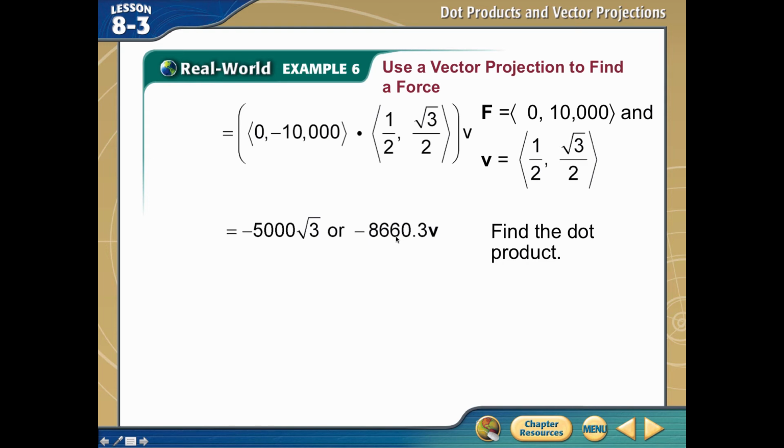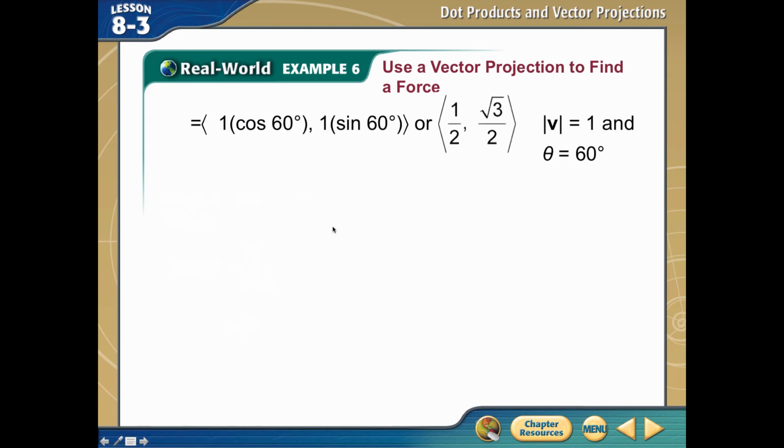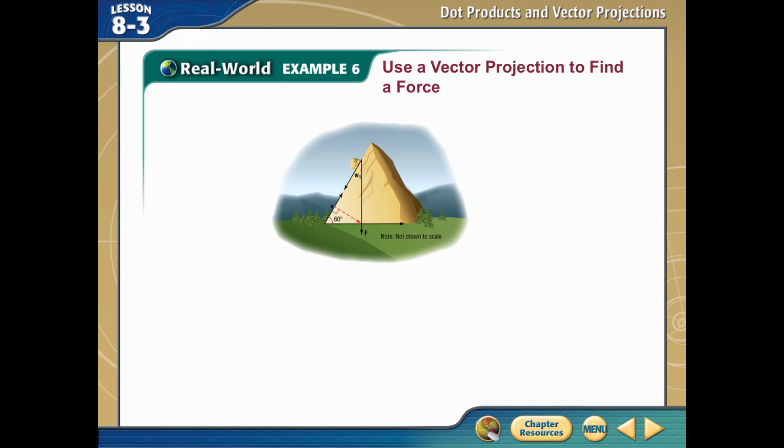Well, guess what? If you go back, let's go back. What we were looking for is if we get the magnitude of this vector, the magnitude of W1 on this vector, you need to counteract that with an equal amount of force to keep it on the hill.